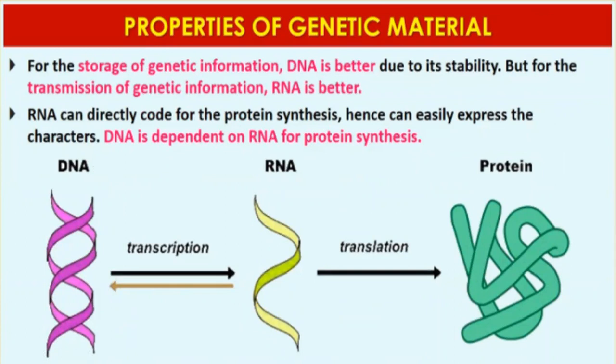RNA can directly code for protein synthesis, hence can easily express the characters. DNA is dependent on RNA for protein synthesis. So the two processes that we are going to learn in the upcoming two classes are transcription and translation. Okay guys.